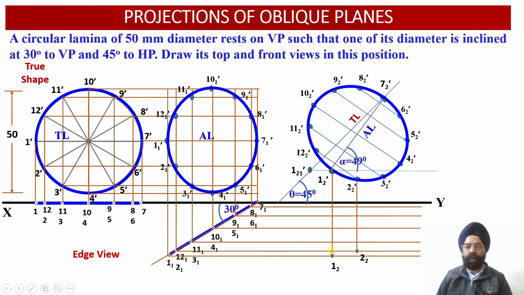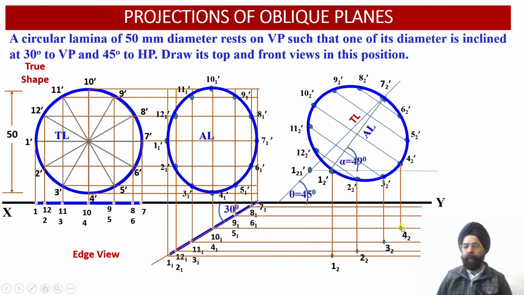So wherever this horizontal projector through point 2 in the plan intersects with the vertical projector from point 2 in the elevation, point number 2 2 will be obtained. Similarly, this is the location of point 3 2. This point 3 2 has been obtained by virtue of the intersection of the vertical projector from 3 2 dash and the horizontal projector from 3 1 over here. Right, so this is point 3 2.